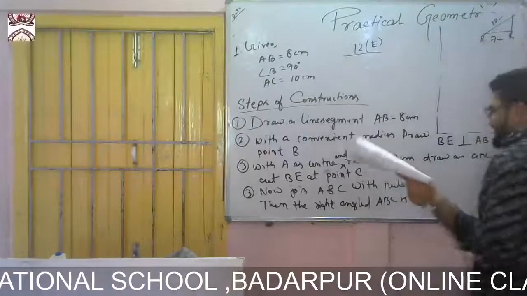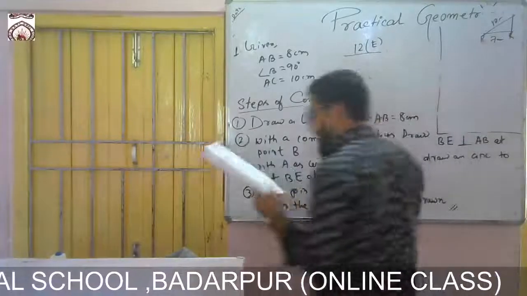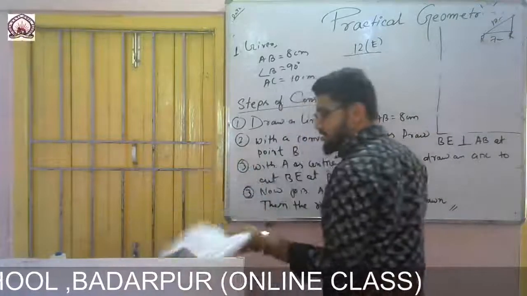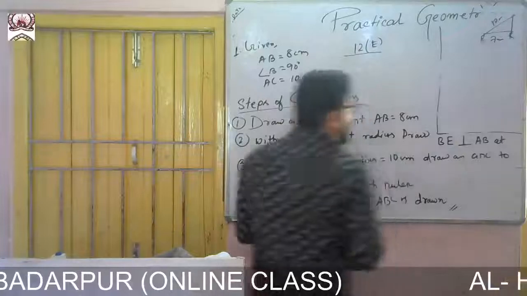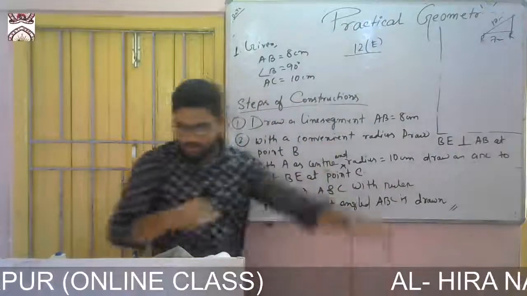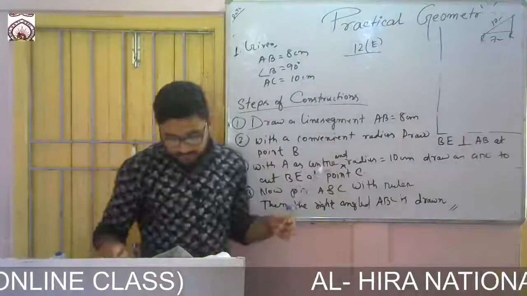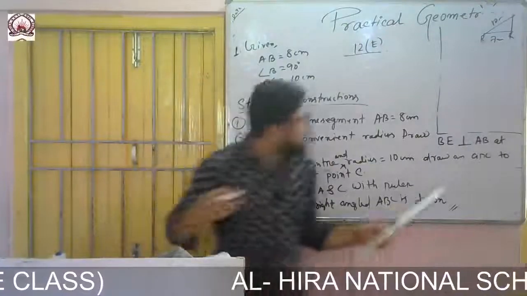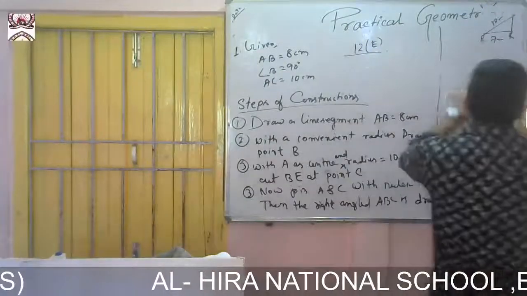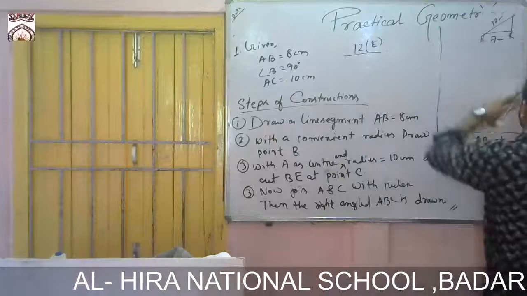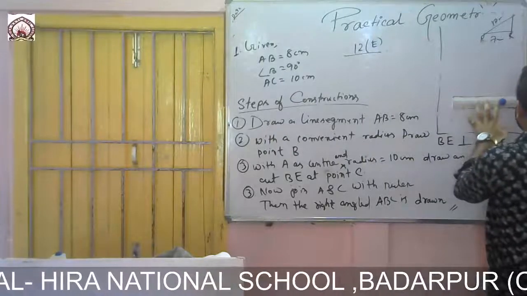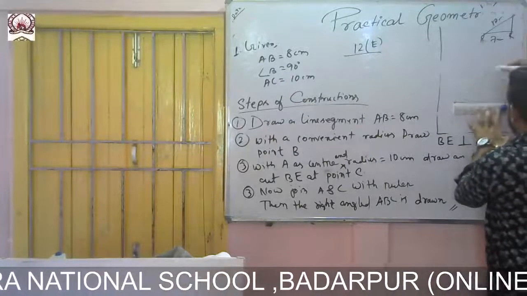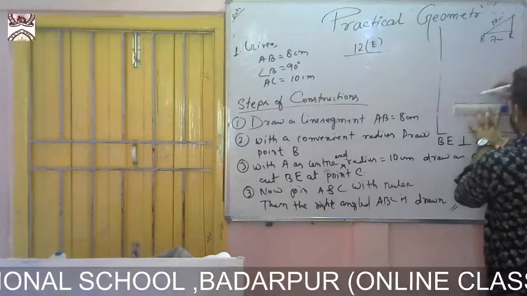It is exactly the same as question number 1. Earlier it was 8, now it is 7. So take PR as 7 centimeter.